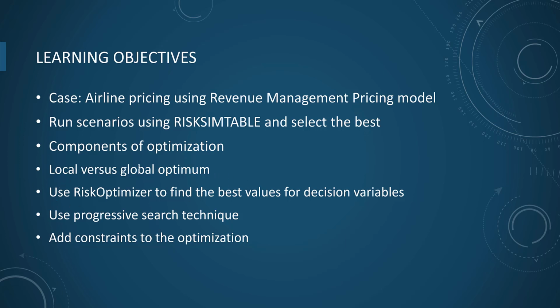And then we will actually use RiskOptimizer to find the best decision variables. The RiskOptimizer has to be used in an intelligent way, and we'll call that a progressive search technique. Okay, we'll talk about that. And then we'll talk about adding constraints to the RiskOptimizer.